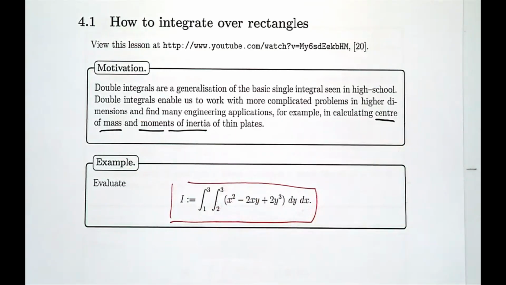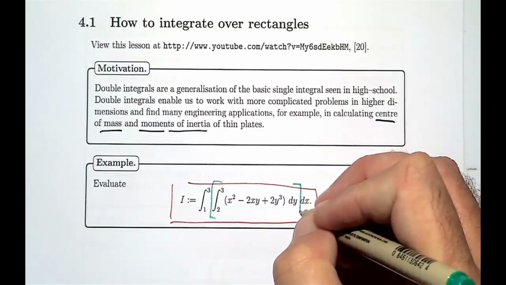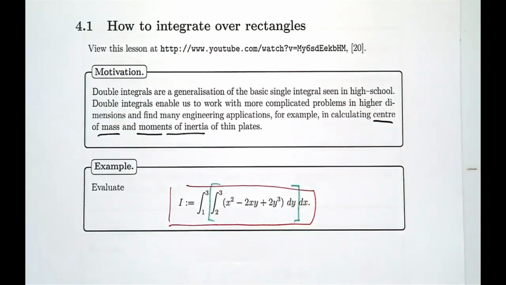Well, when I look at these problems, I usually just break it up into bits. So forget about the outside integral signs and whatnot, just look at the inside integral. This basically says I want to integrate this function from y equals 2 to y equals 3. So I'm basically integrating along the y-axis there.